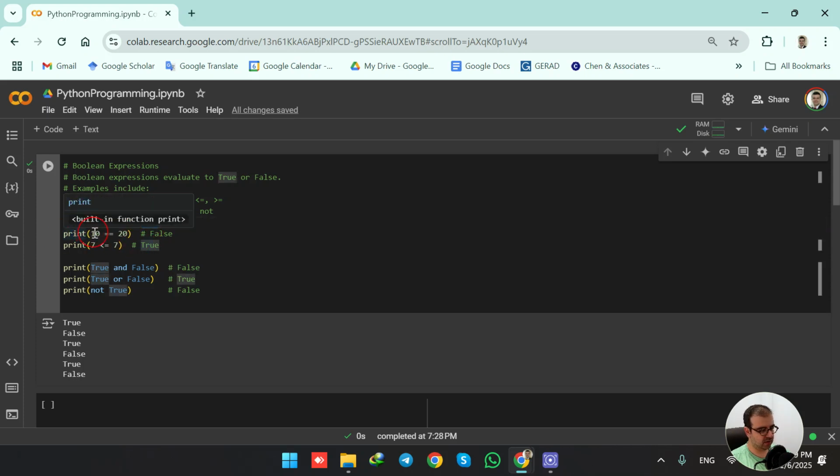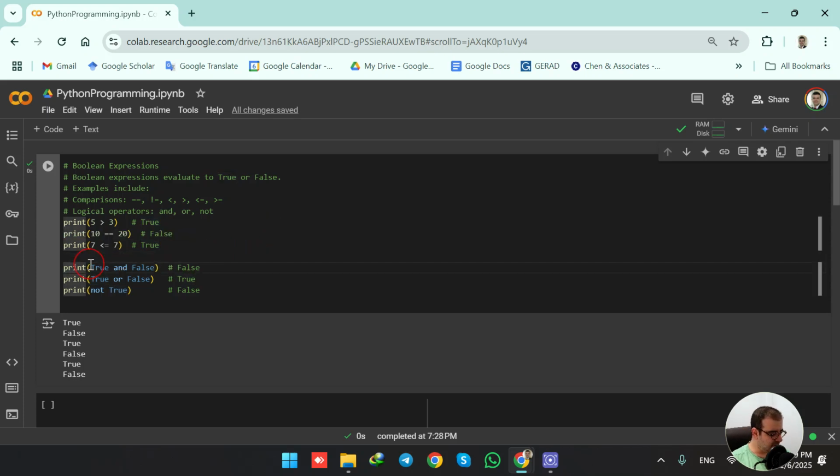And we are printing out 10 equals 20. Mathematically speaking, this is not correct. So we expect to see false in the output. And 7 is lower than or equal to 7. And this is also true mathematically speaking. Therefore, we expect to see true in the output.